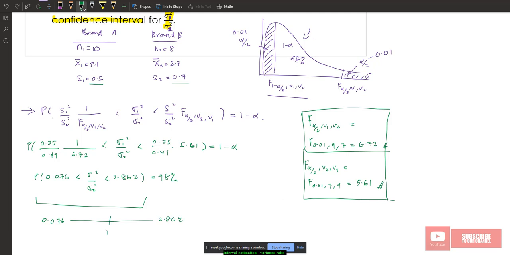So since the interval includes 1, we can conclude that the variance for both groups are equal. Right? So far, any question?